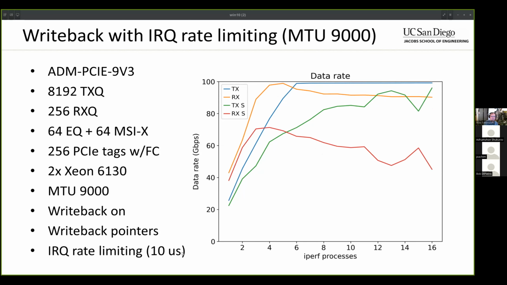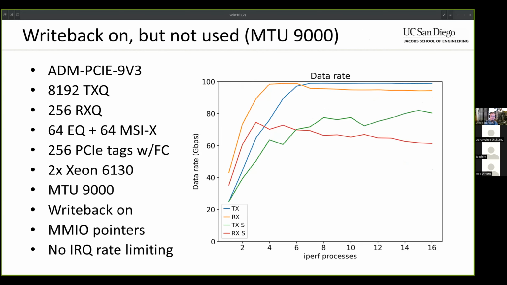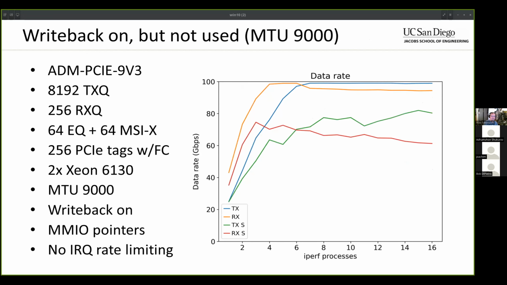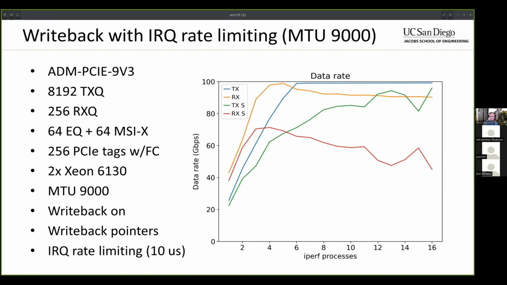So this is rate limiting the IRQs to 1 every 10 microseconds per channel. I haven't tried any other values. This is just a quick test to see if there's any performance at all. And actually, this is looking now quite similar to using MMIO. So if we compare this and this, at least in terms of what this orange curve is doing, it's pretty similar. So definitely seeing an improvement here. It's not perfect, obviously, but it's a decent start.